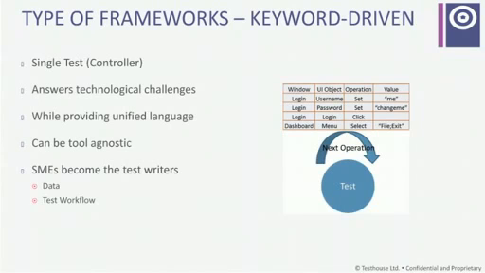Okay, so what you're doing is you're moving away from scripting your test to having an engine which is able to read this Excel spreadsheet and generate on the fly the steps and interact with the application.